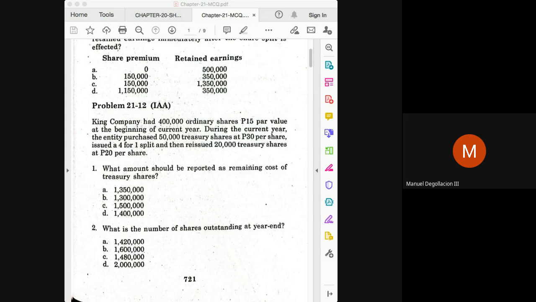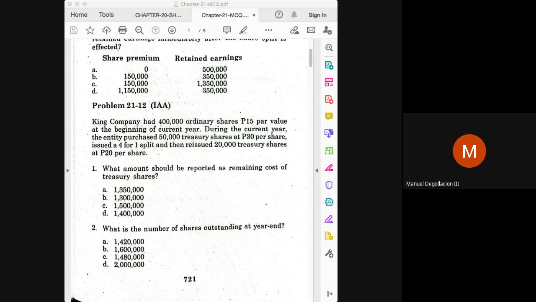Another reason why students could get this wrong is by thinking that treasury shares will not be affected by stock split. That's wrong. All issued shares will be affected by the stock split, whether they are outstanding or in our treasury shares.